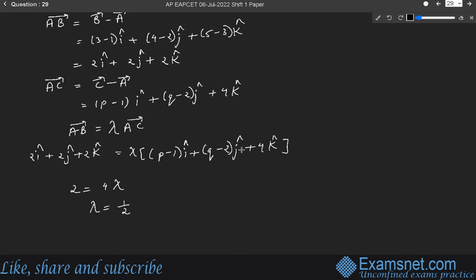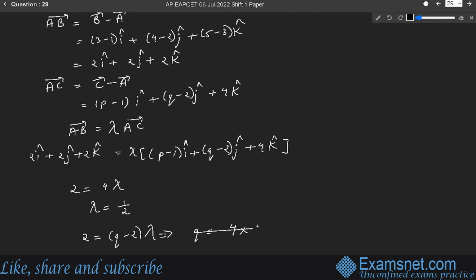Now comparing the coefficient of j cap, we get 2 is equal to Q minus 2. So from here we can say that Q will be equal to 4. And see, here there is lambda also, so it will be Q minus 2 into lambda. And lambda is again 1 by 2.